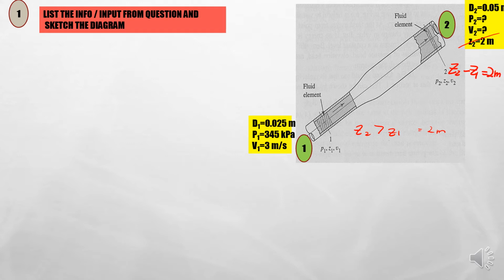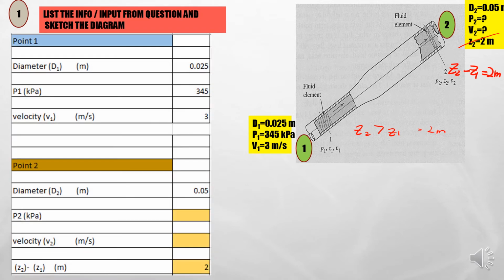And the next step is you should list down all the info. This is the most important thing. When you list down all the info, you should segregate it between the two different points. Because when you substitute into the equation, it will make it easier and minimize the error. If you note it wrongly, you will use the wrong parameters.